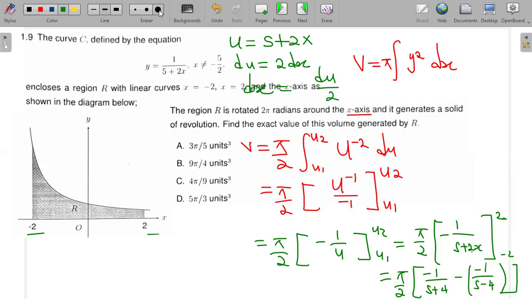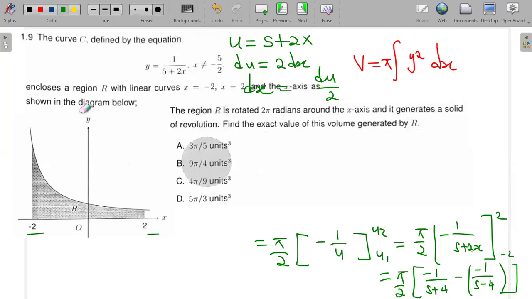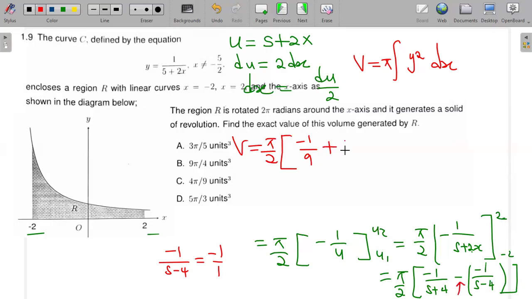Okay, so from there, what do I have? I have that my volume is equal to pi over 2. And then inside there, I have minus 1 over 9. And then inside here, I have minus 1 over 5 minus 4, which will just be minus 1 over 1. So this is just simply minus 1 multiplied by this negative outside. I have a plus 1 like this.